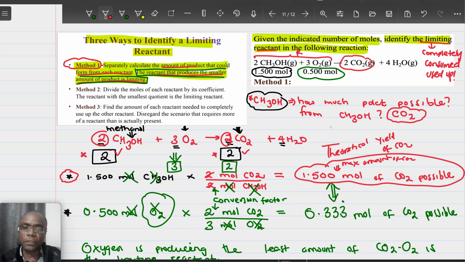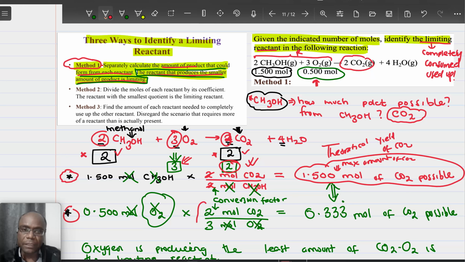Now, if oxygen was limiting, we did the same thing. We took the 0.5 moles from the equation and multiplied by the ratio of the product CO2 to the oxygen. The reaction was for every 3 moles of oxygen, using the coefficient, you get an equivalent of 2 moles of CO2.